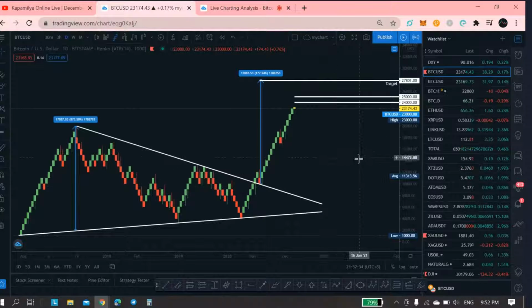Then again, for the support area, since it's currently trading at 23,178, the previous high is around 23,000. If it breaks that 23,000, just deduct $1,000 and that will be the next support, which is 22,000.